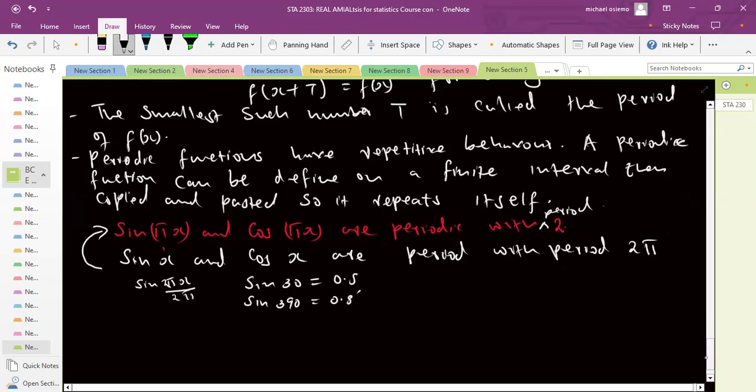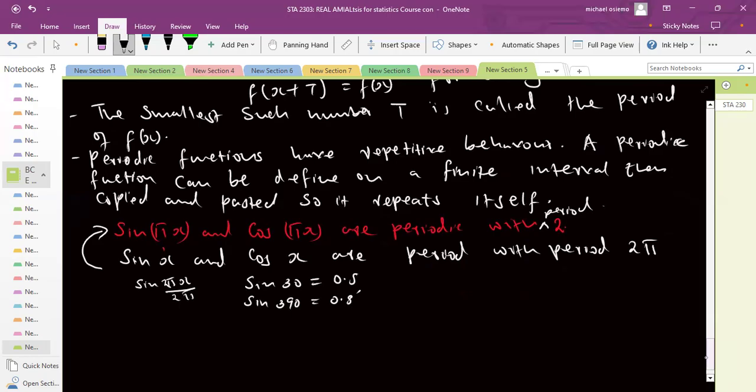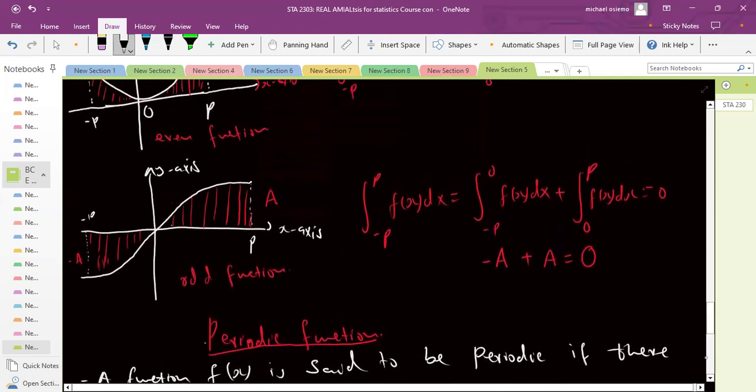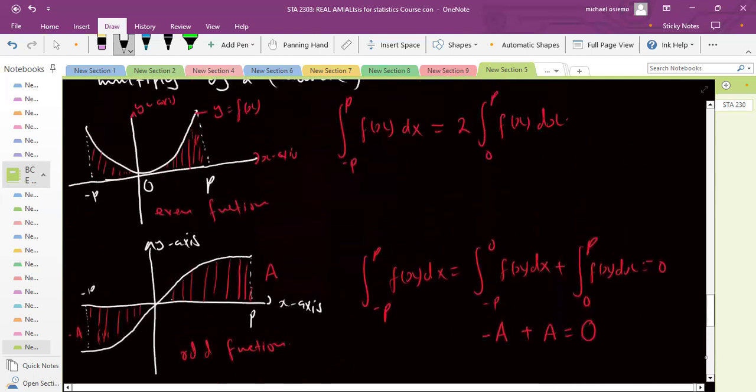So what you can do, maybe in the next class, we're going to start on Fourier series. Probably I'm going to send the next phase tomorrow. So this was the introduction for you to gain the understanding, or maybe also just to recap what you have already covered in the previous classes.